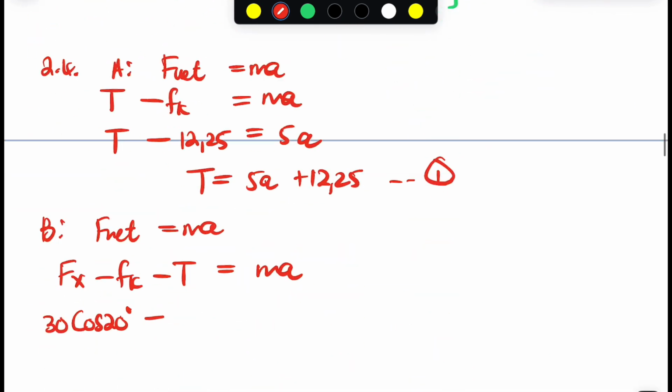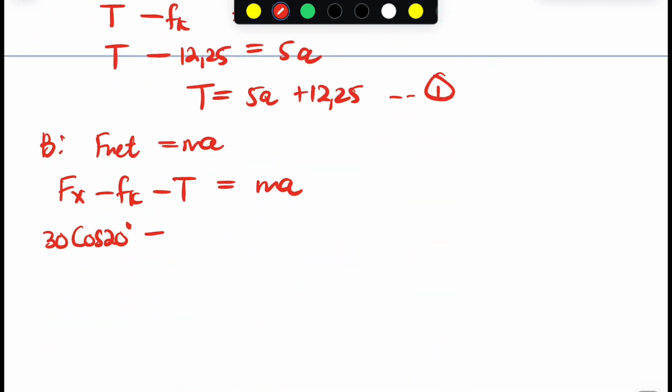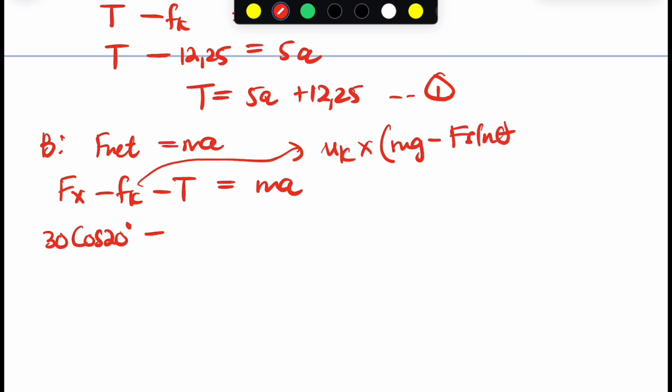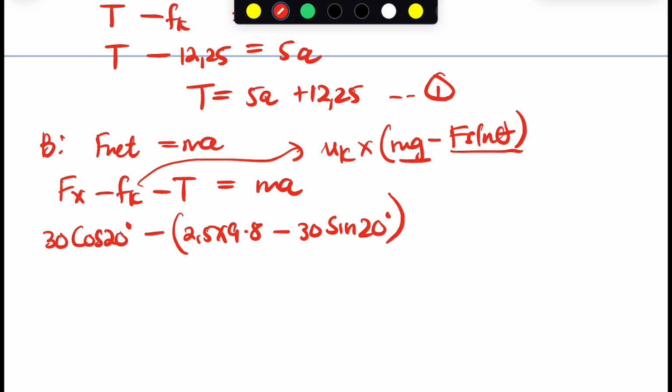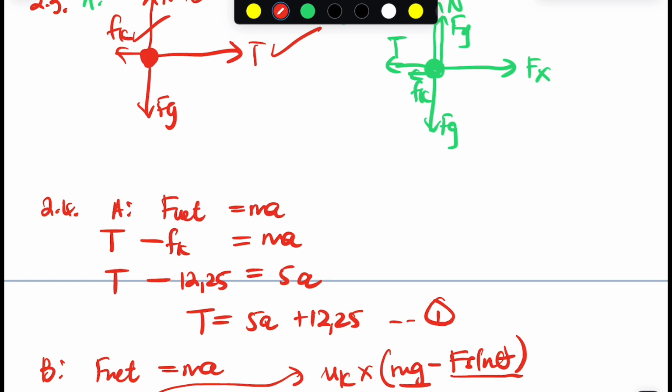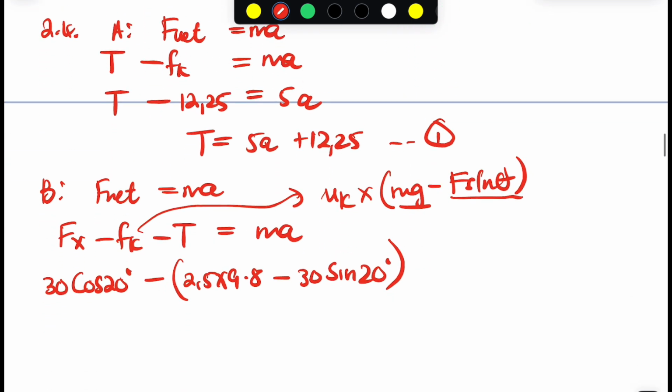We can calculate the Fk using the formula mu k times normal force. The normal force will be mg minus F sine theta, right? So let me put it in the bracket. The mass is 2.5 times 9.8, which is the mg, minus the F sine theta. The force is 30 sine 20, right? I hope I make sense by doing that.